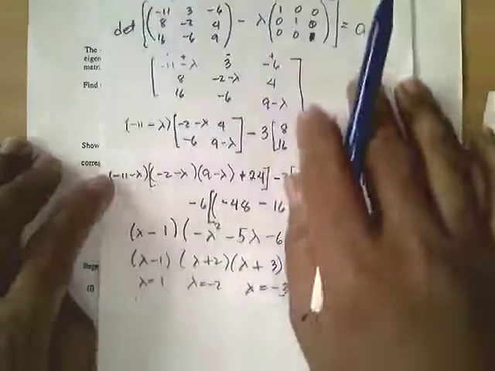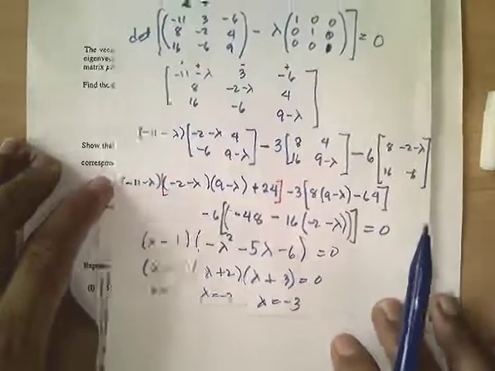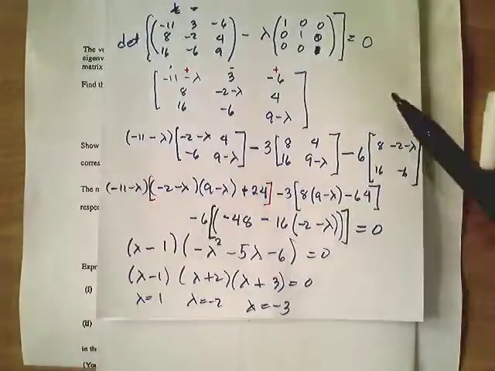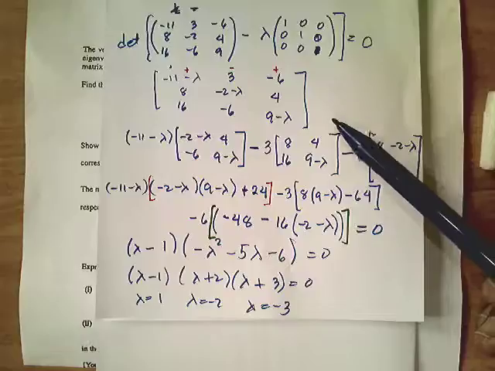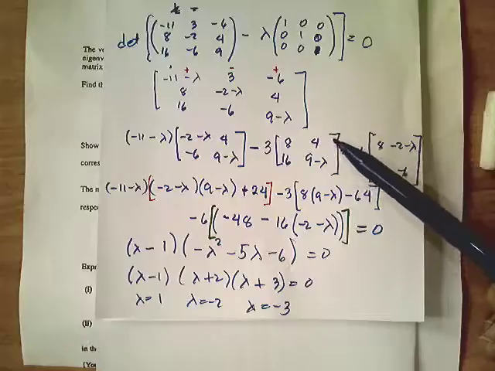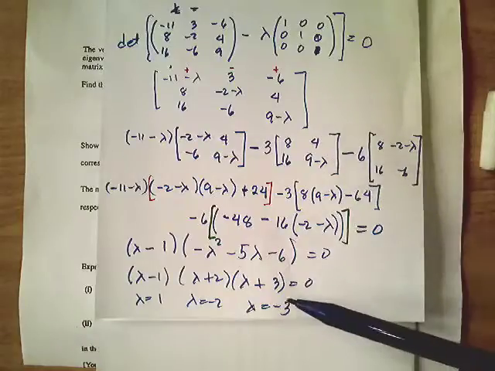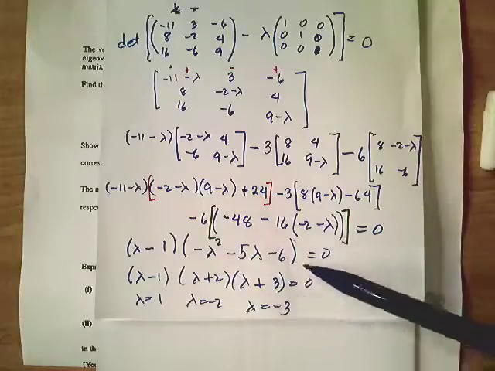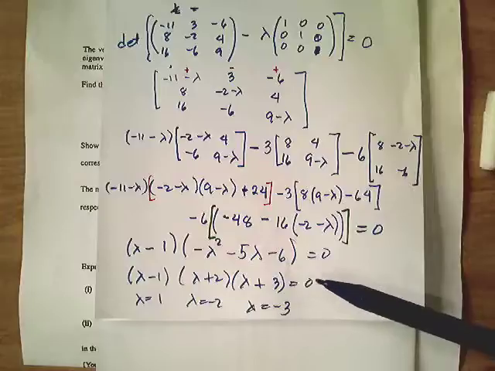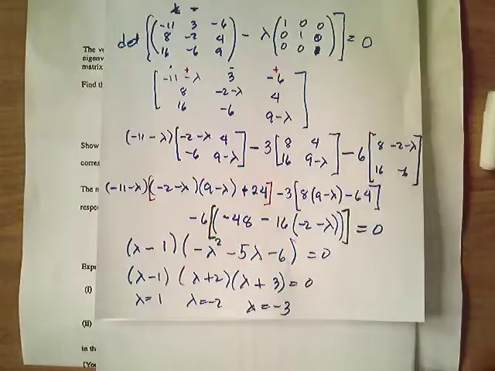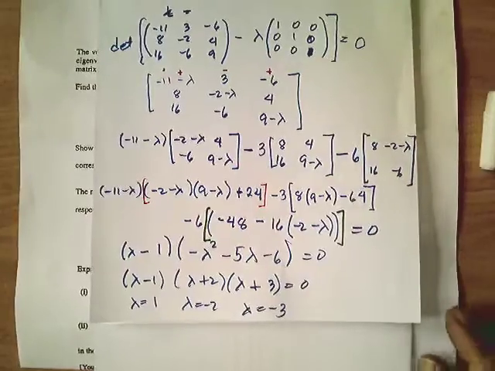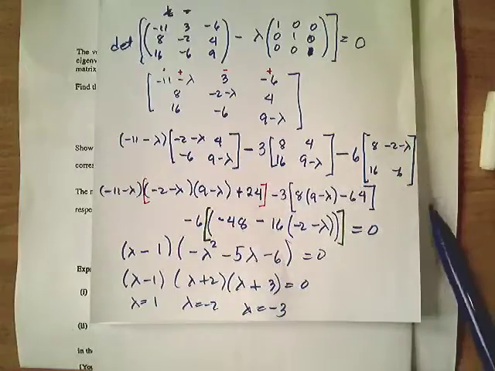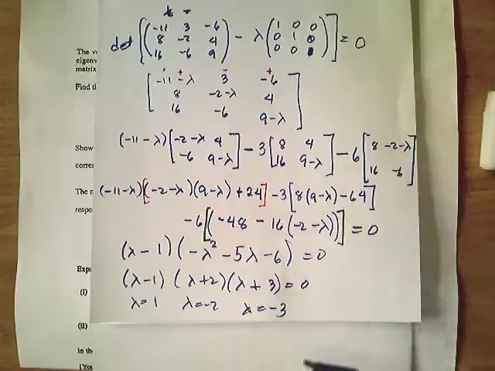Before we proceed to that problem, I just want you to look at this: here you have a 3 by 3 matrix, and for a 3 by 3 matrix the maximum number of eigenvalues is actually 3: 1, 2, and 3. Now I'm going to pause this video for a while, so just watch the next video on how to find the eigenvectors. I will continue the same problem in the next video.